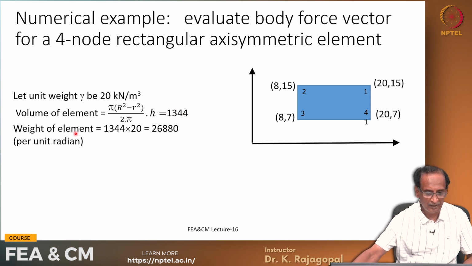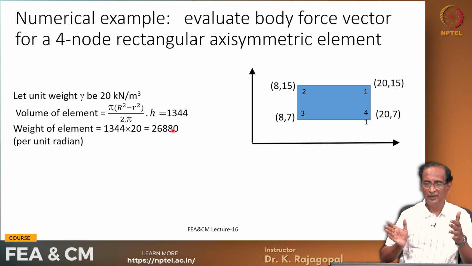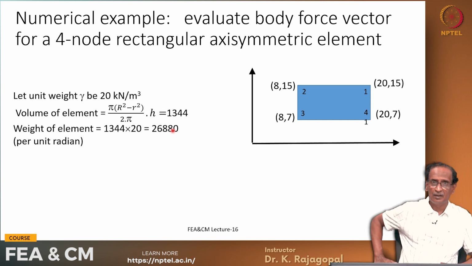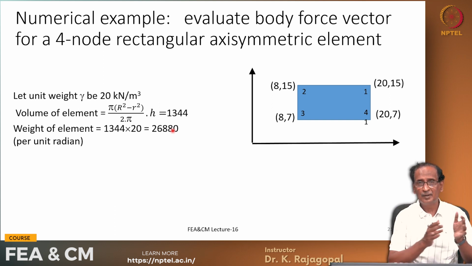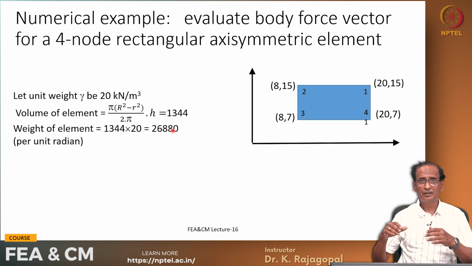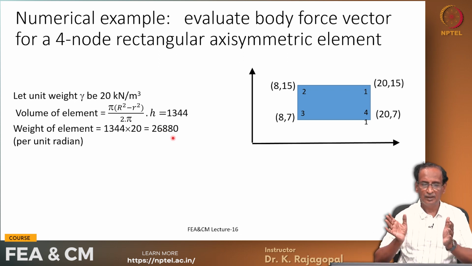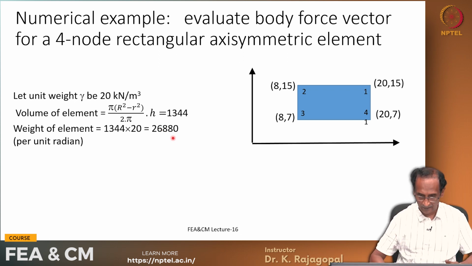The weight of the element is the volume multiplied by 20, that is 26,880, and this weight is per unit radian. As we have discussed earlier, the 2 pi is common on both the left hand side and the right hand side, so the 2 pi gets cancelled out, and we work only in terms of unit radian.